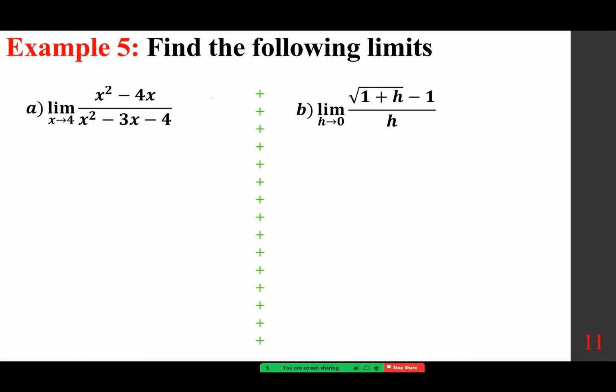If you plug in 4, you get 0 over 0, which is indeterminate, and you need to do more work. The technique in the case of a rational expression is factoring.